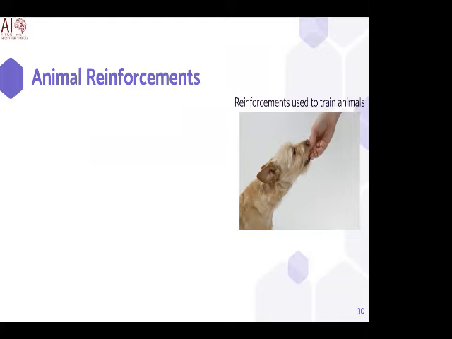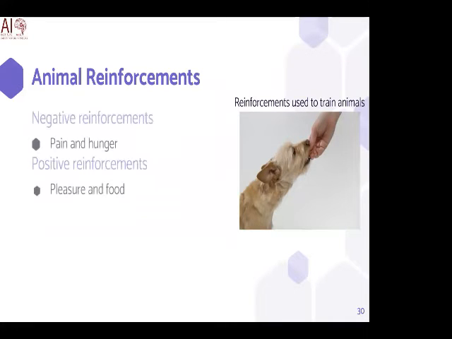This is an example to illustrate how the reinforcement learning algorithm works. You give a dog a treat and then it learns pretty quickly. And if it doesn't do something right, then you don't give it a treat. Some may even use some form of pain therapy.